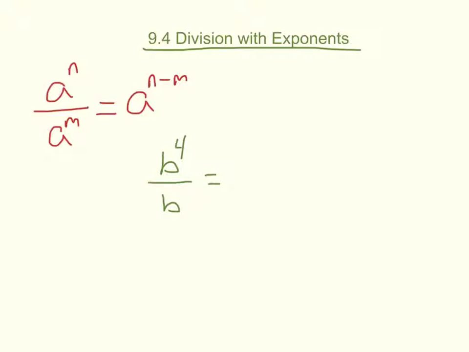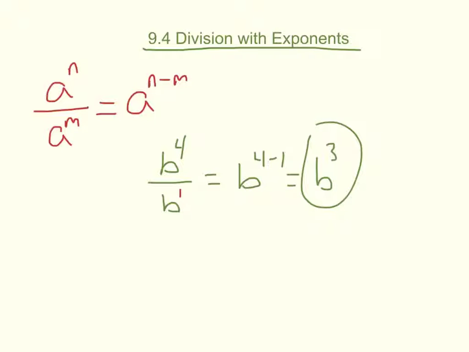Okay. The first thing I've got to remember is anytime I have a variable or a number by itself, there's that understood 1. Since these bases are the same, that base is part of my answer, and I have 4 minus 1, top minus bottom, to give me an exponent of 3.